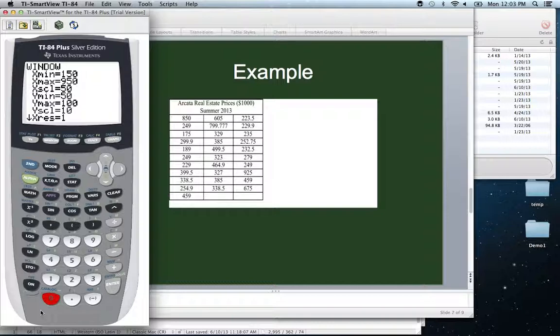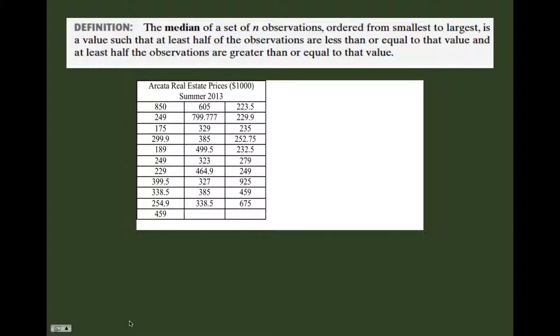Now, the other thing I want to point out that's important is that when I think about setting the X scale, which in histogram terminology is what we call the class width, I'm visualizing the x-axis. Let me go back to PowerPoint for just a second so I can give you a picture of what I'm thinking about. As I'm visualizing what this is going to look like in the calculator, I'm going to have an x-axis.